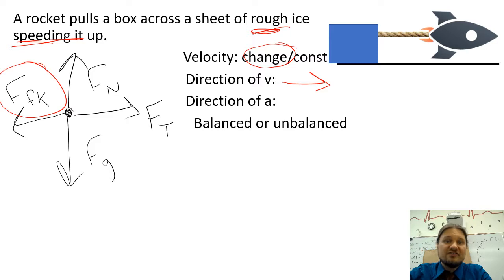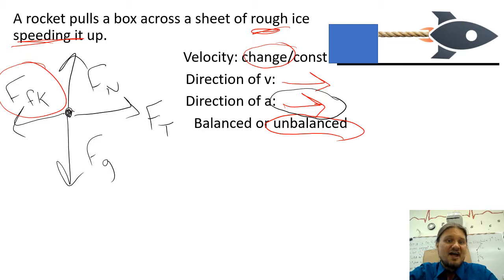Because the object is speeding up, acceleration has to point in the same direction as the velocity, and so the forces are still unbalanced because the velocity is changing. Now we're going to do the vector addition diagram, and this is where it's going to get a little more tricky, because when we finish drawing all four forces, we have to have a gap that allows us to fill it in with an arrow that points to the right.